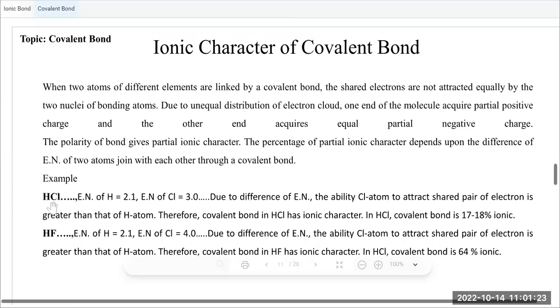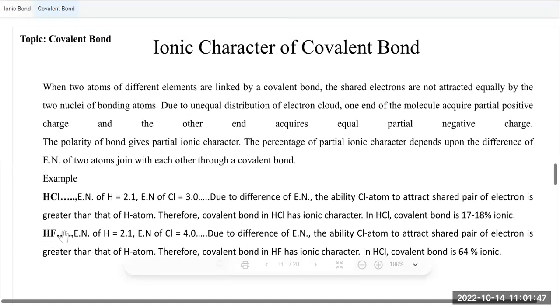HCl will not form an ionic bond, but it will form a covalent bond. It is somewhat a polar covalent bond. The shared electron pair is somewhat nearer to chlorine, so it has a partial negative charge and the other has a partial positive charge. Such a covalent bond has some ionic character. This concept is known as the ionic character of a covalent bond.